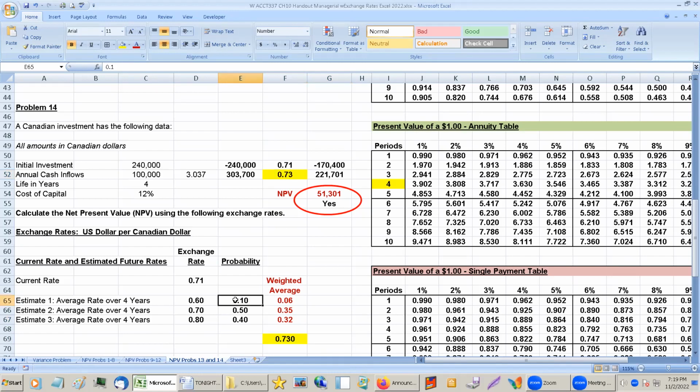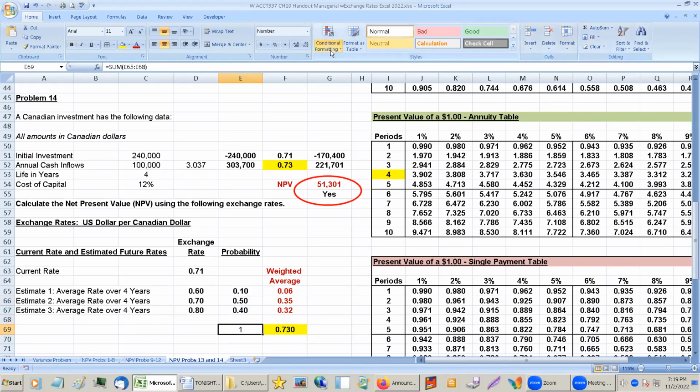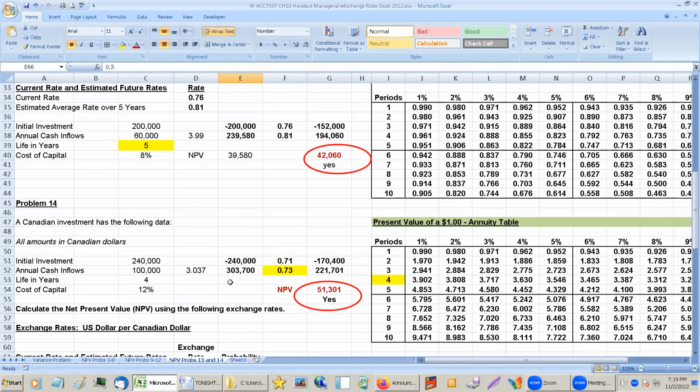It's a weighted average. So here's the probabilities. These should add up to 1. 100% basically. And they do. Okay, that's it for that one.